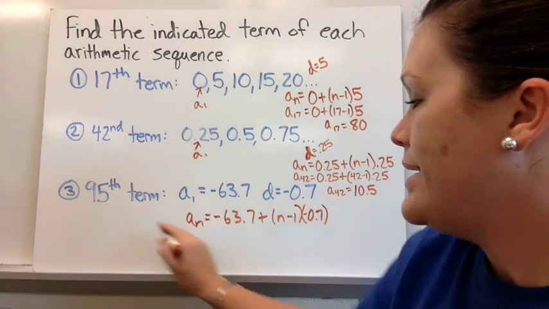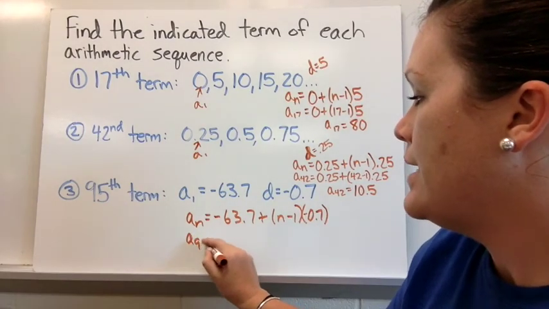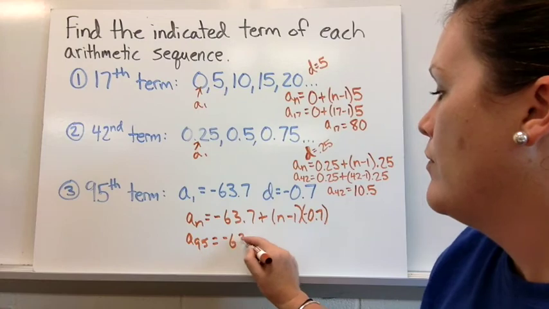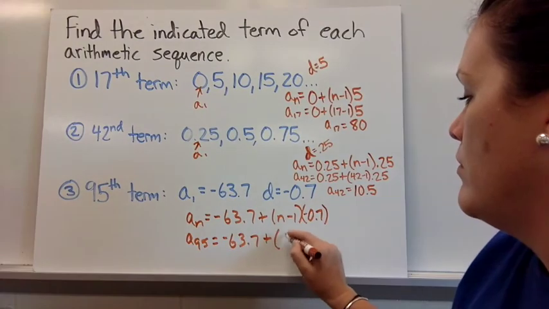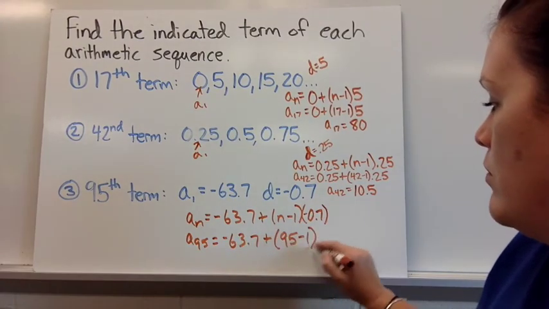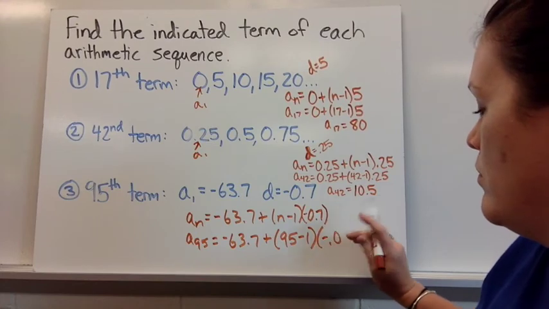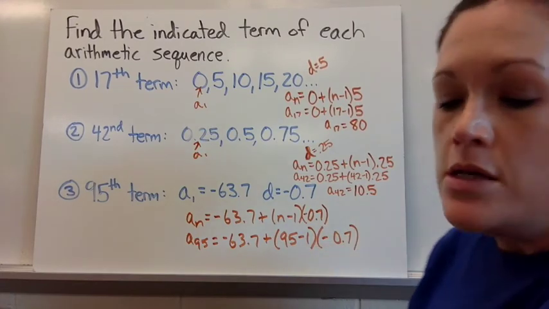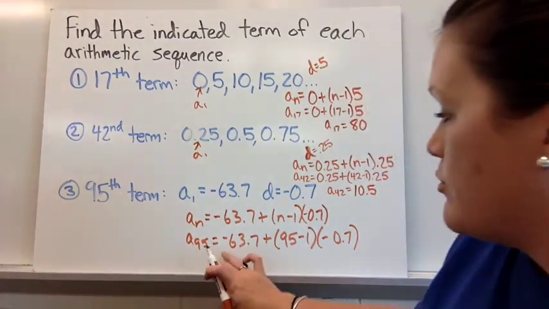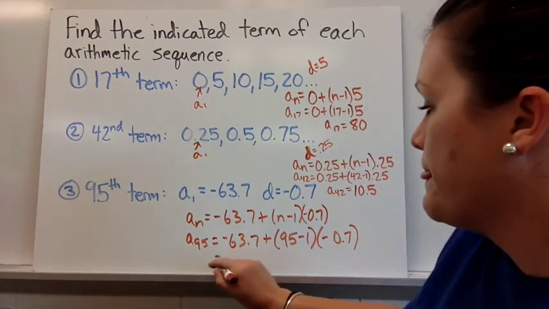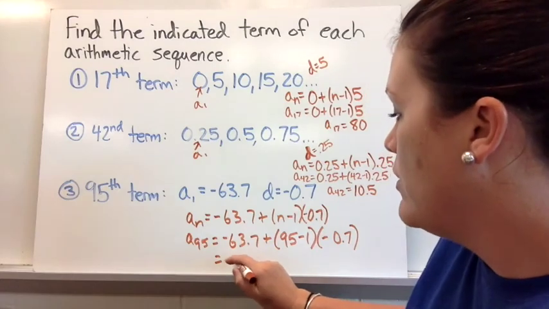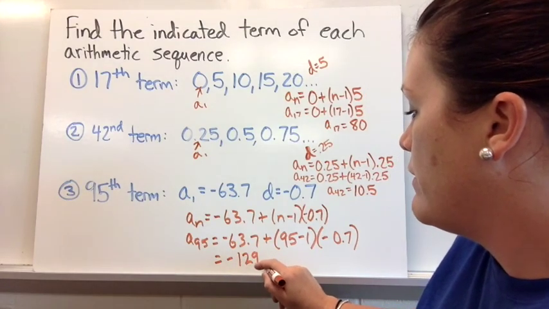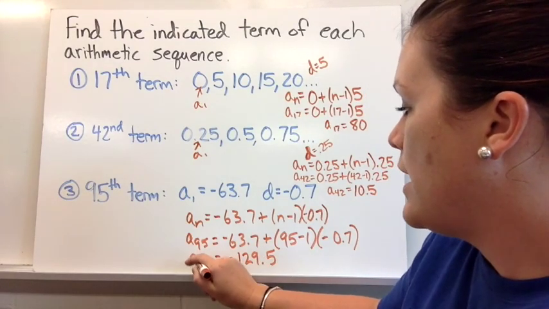And I want to plug in 95. I want the 95th term. I keep trying to put that decimal in the wrong spot. Okay. So then I've worked that one out ahead of time. When you clean all that up, you end up with negative 129.5 for your 95th term.